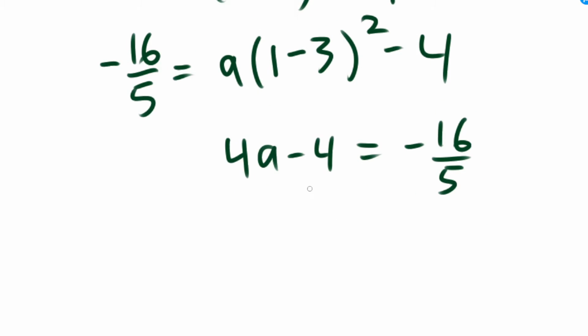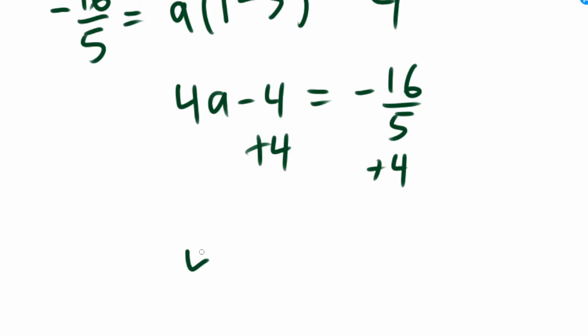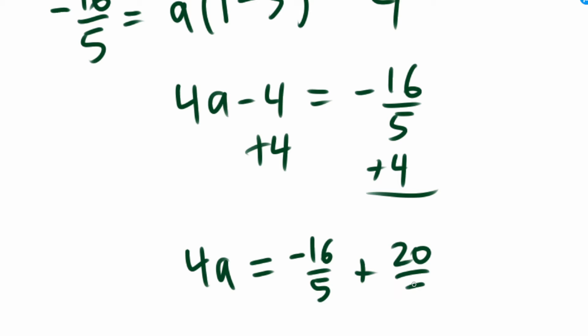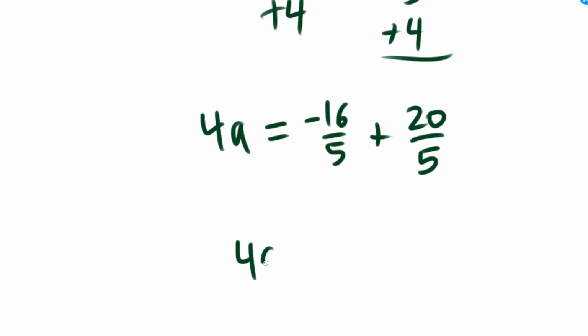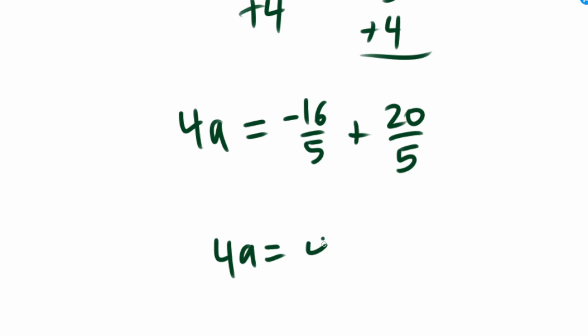We're going to add 4 to both sides. We need to have a common denominator between the two, so we have 4a is equal to, we're going to times this by 5 over 5, so we get -16 over 5 plus 20 over 5. And this is going to turn into 4a is equal to 4 over 5.